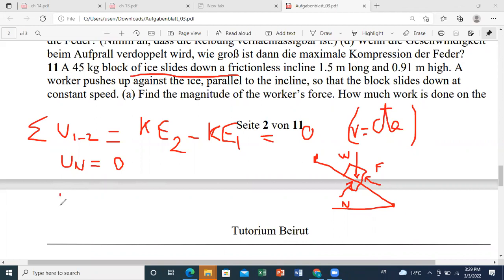Okay, so work of weight is plus mg times the variation in height, and since the total height of the incline is given, which is 0.91 meters, we just have to say it's plus mg times 0.91.